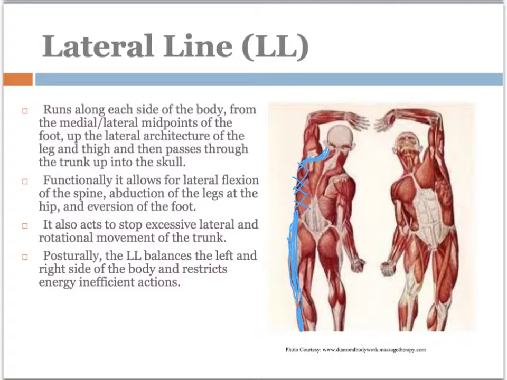The lateral line also mediates the forces of other superficial lines and serves to restrict energy inefficient actions. Almost any kind of lateral flexion of the trunk and abduction of the leg will engage the lateral line, stretching it on one side and contracting it on the other.